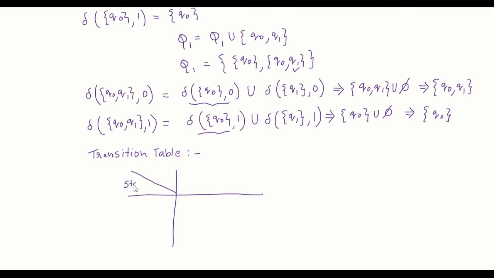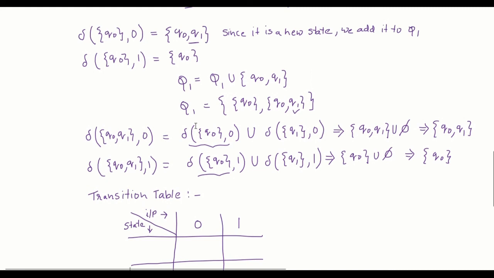So all the states of the resultant DFA will be listed here, and all the inputs will be listed here. And what are the different inputs here? Either 0 or 1. What are the different states of the DFA? Looking at capital Q1, there are only two states, Q0 and Q0 Q1.